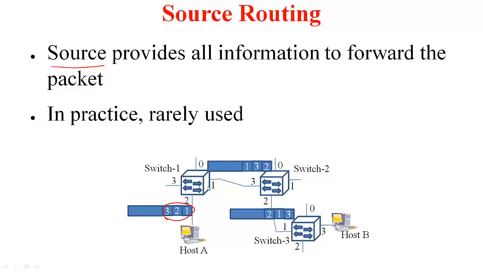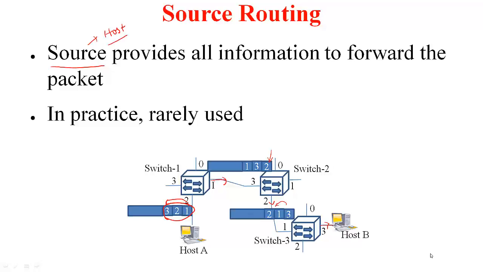So it sends to switch 1 and it is telling send it out on port 1. So this goes like this. Typically this is rotated so that switch 2 can now act on this field. So this is put at the head. So switch 2 will know to send it out on port 2, and when it comes again this is rotated. So switch 3 will know that it has to send it out on port 3. So this entire path is specified.